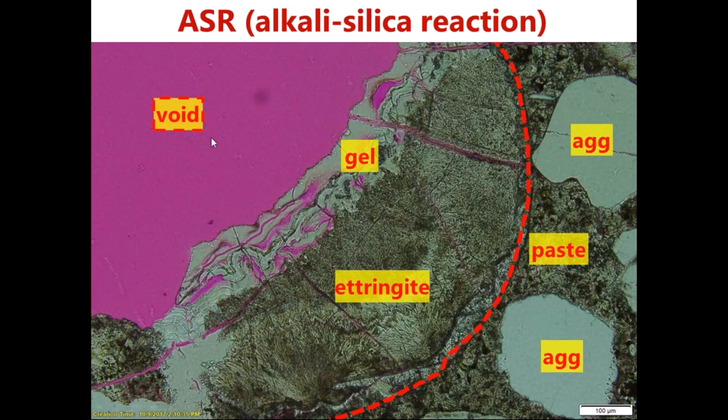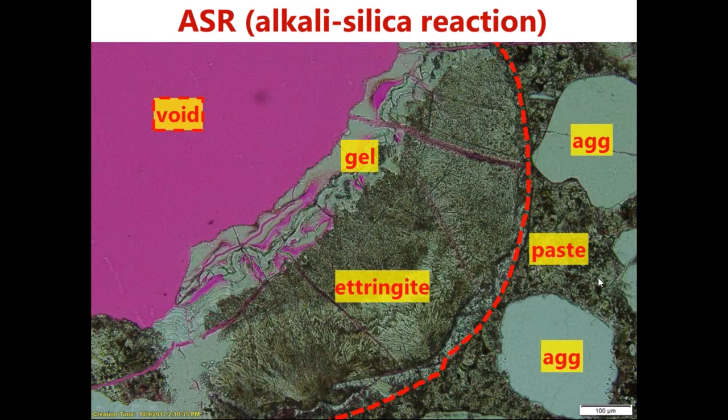This is in plain polarized light again, so pink is open space. The red dashed line indicates the boundary of an air void. So when this concrete was born, this whole thing was just complete empty space. Here's your paste, and here are your aggregates.